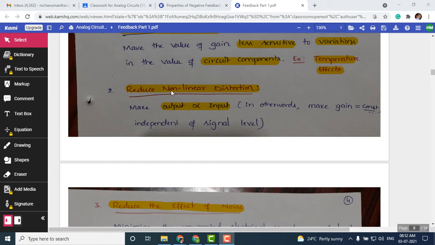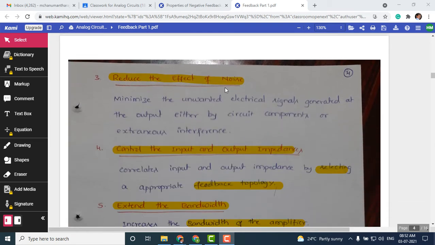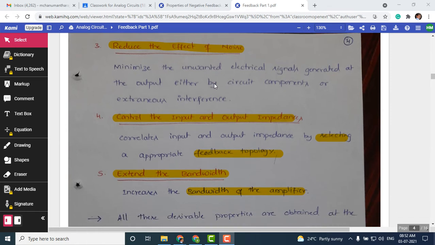Nonlinear distortion is due to the basic device used in the amplifier, either BJT or MOSFET; those two devices are nonlinear in nature. Due to the nonlinearity of the fundamental device, the entire amplifier exhibits nonlinear distortion. This can be overcome by using negative feedback. The noise effect can also be reduced by negative feedback. The noise can be either internally generated or external noise, and those can be minimized using a negative feedback amplifier.